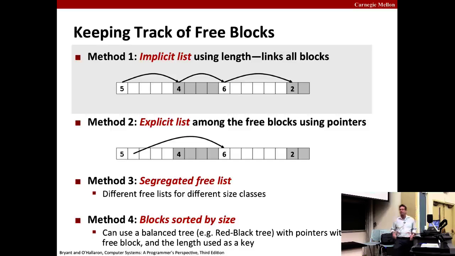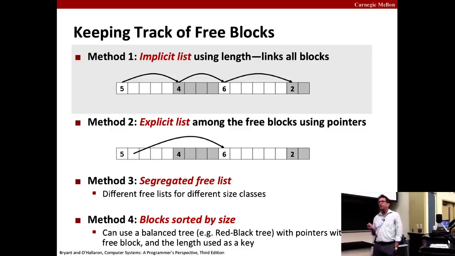Question? What do you mean by different free lists for different size classes? Okay, the question is, what do we mean by different free lists for different size classes? So what I mean is that you identify a range of sizes, and you associate that range with each of these individual free lists.